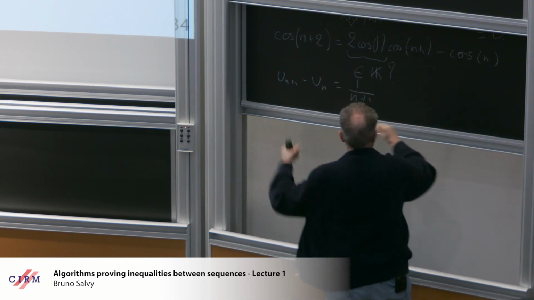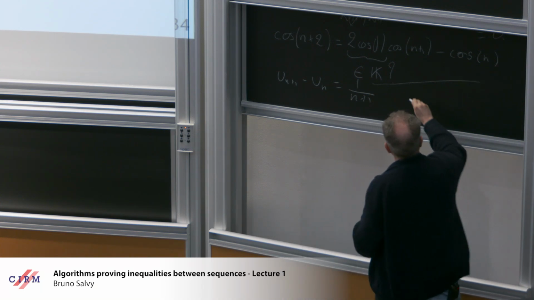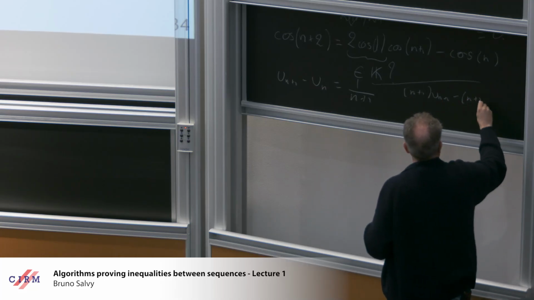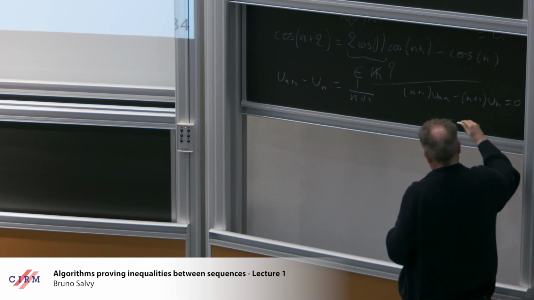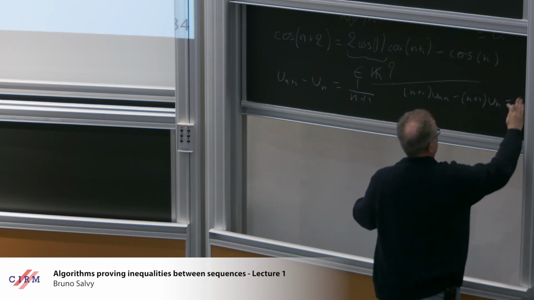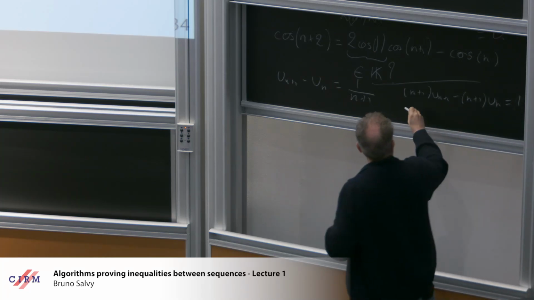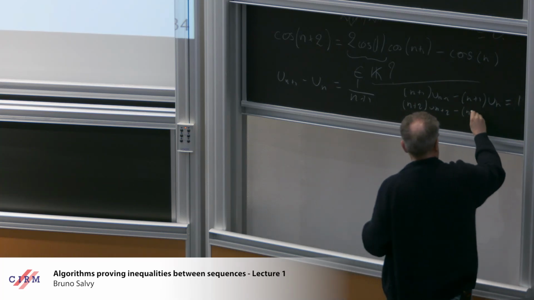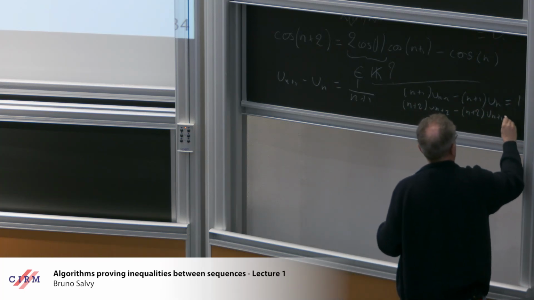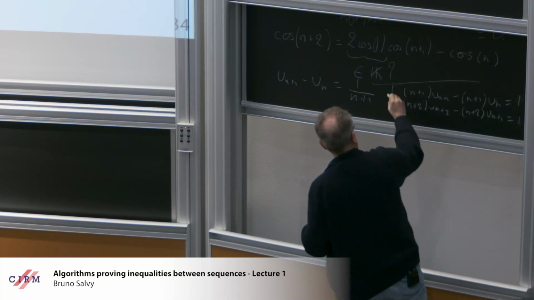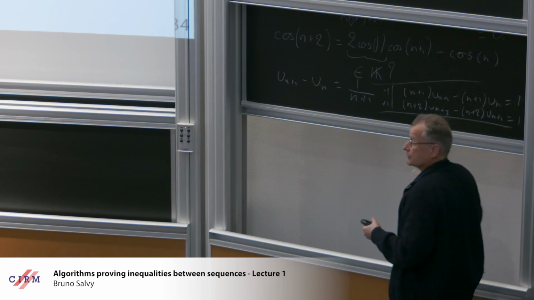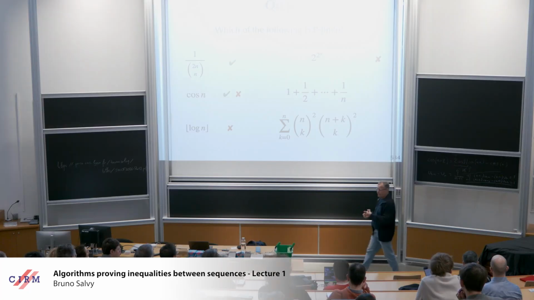So you multiply everything by n plus 1, and then you shift this, equals 1. You shift this and you subtract. So you have n plus 2, un plus 2, minus n plus 2, un plus 1 is 1. And then I do plus 1, minus 1, and you get rid of the right-hand side. So this one is p-finite.